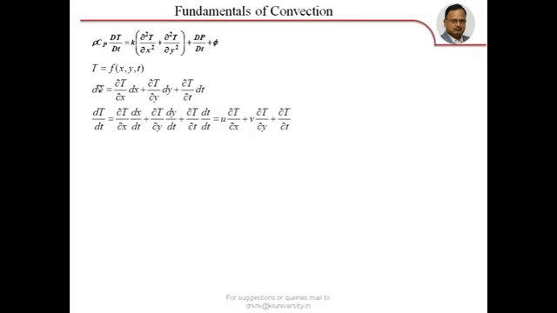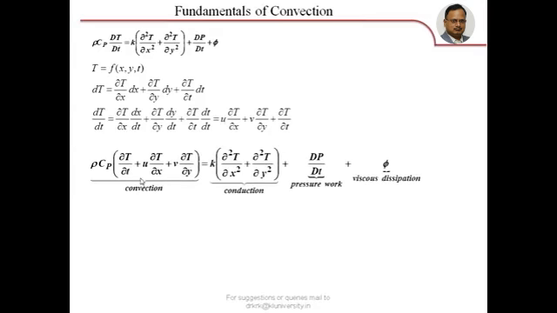We want dT/dt, so by dividing this equation with dt, you will get ∂T/∂x dx/dt, here dy/dt, and this dt/dt, which cancels. dy/dt is v and dx/dt is velocity in x direction. So the total derivative dT/dt becomes u ∂T/∂x plus v ∂T/∂y plus ∂T/∂t.